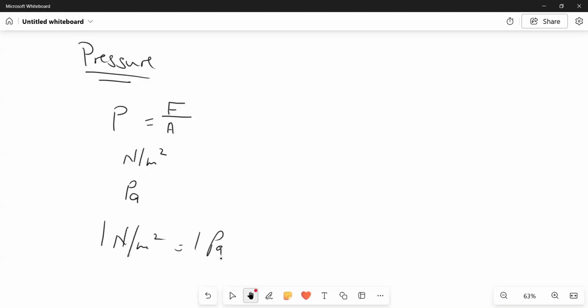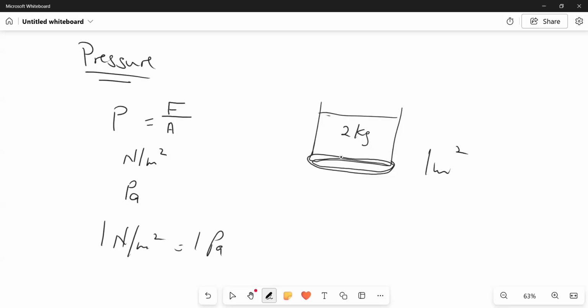So if you were to have a fluid in a container, and the fluid up here has a mass of, let's say, 2 kilograms, and the area of the base of this container is 1 meter square.